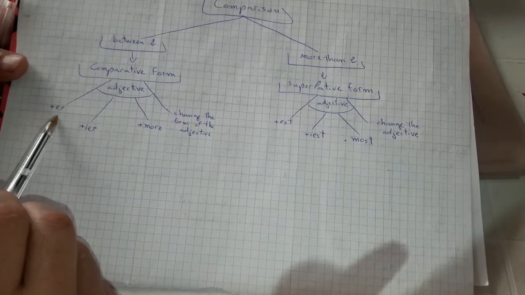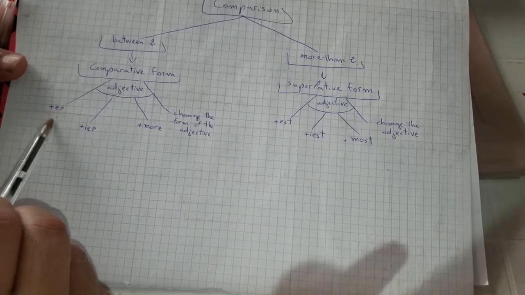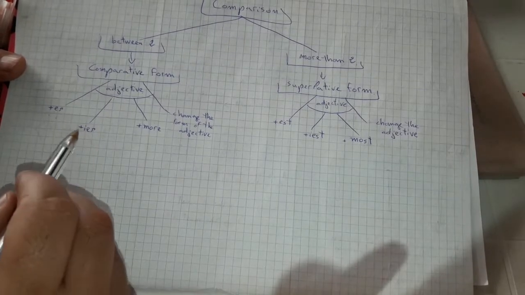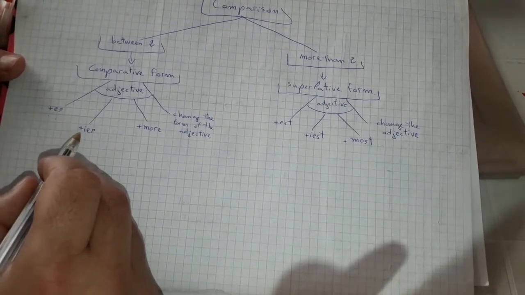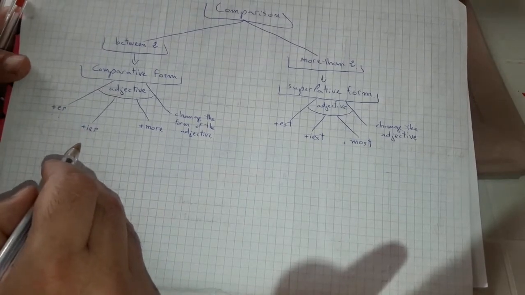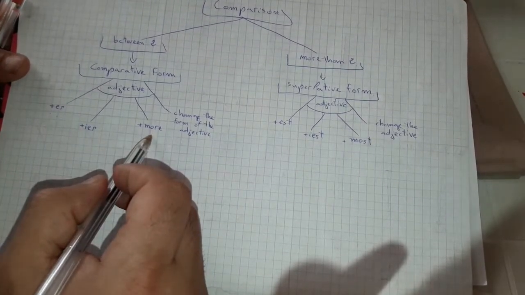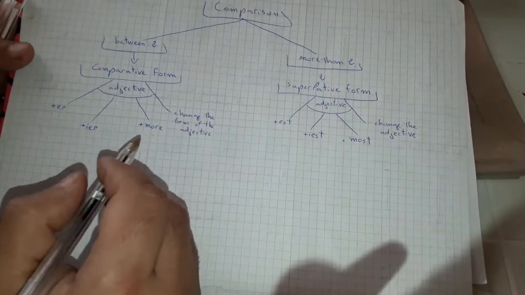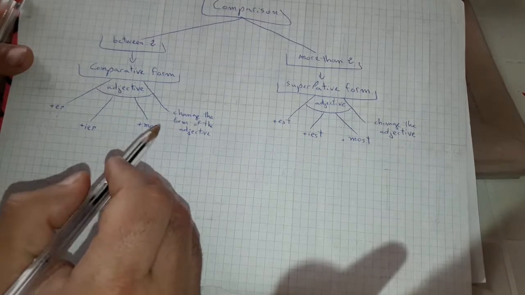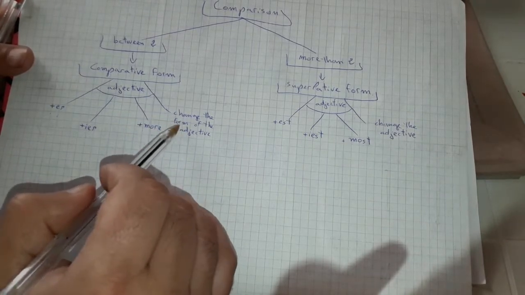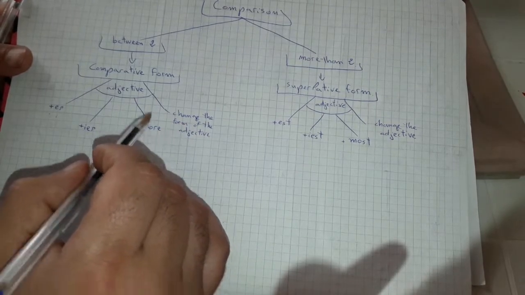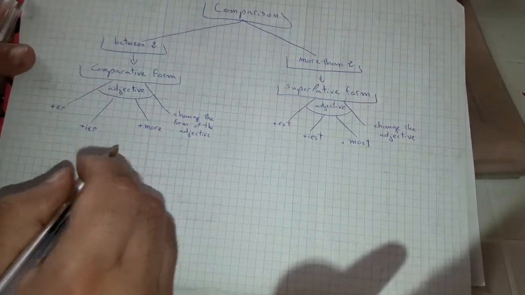I have to put plus er, in general, or plus IER, especially with adjectives that end with y, so we change y to I and then add er. With adjectives that have more than two syllables, we have to put more and keep the adjective as it is. And then we have exceptions of some irregular adjectives where we have to change the form.